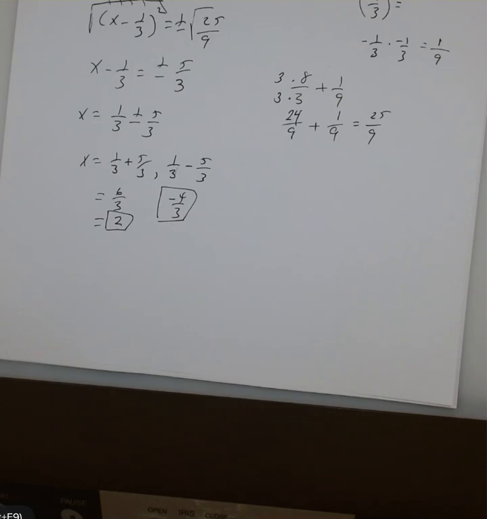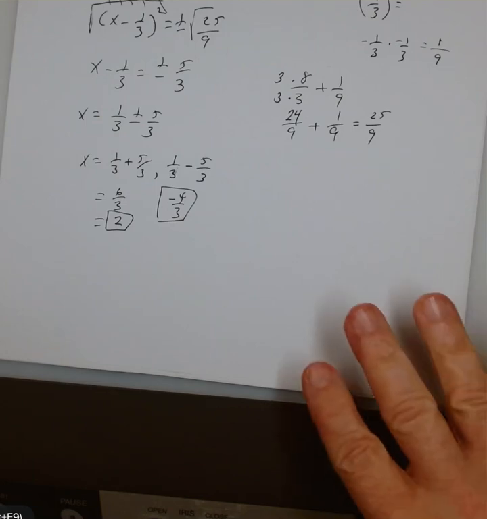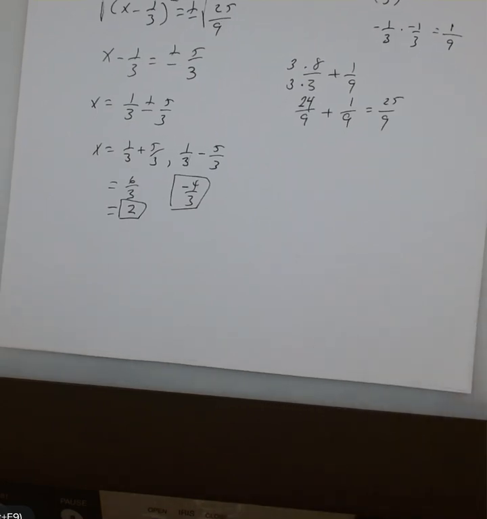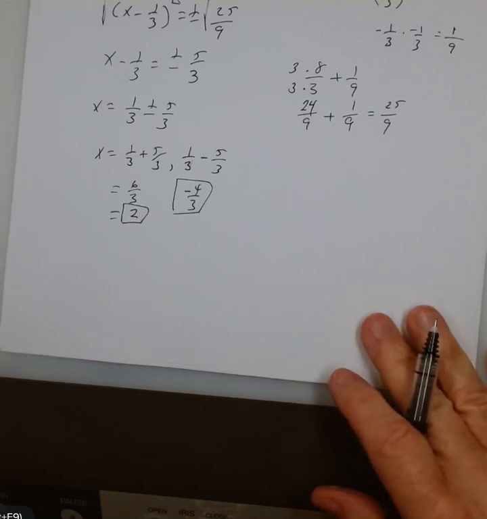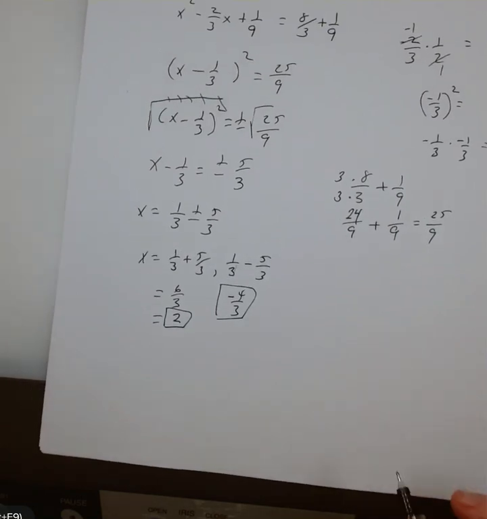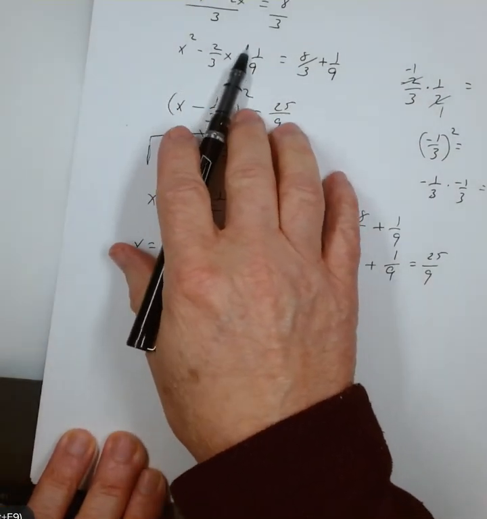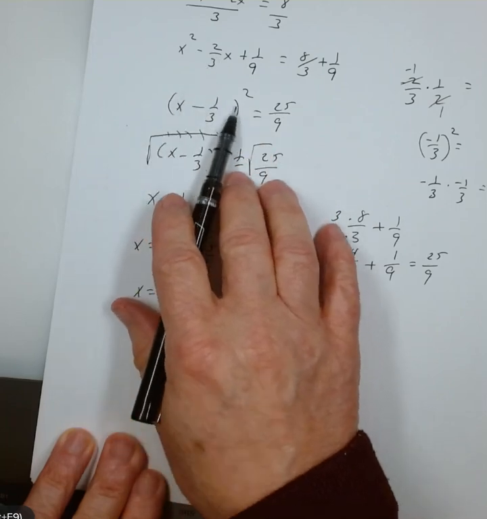Make sure it's the same process over and over. You just follow those steps. The only conceptualization that you should know is that a perfect square trinomial can always be factored as a binomial squared.